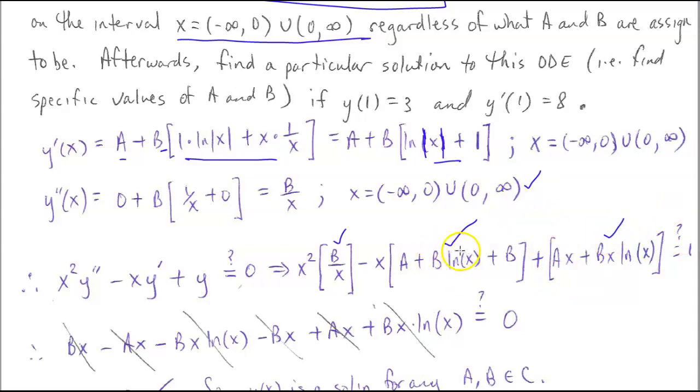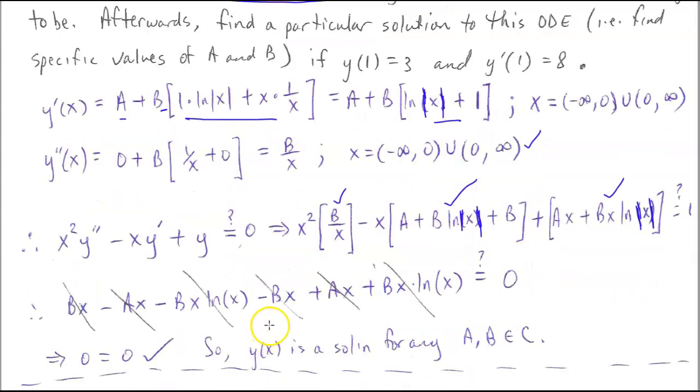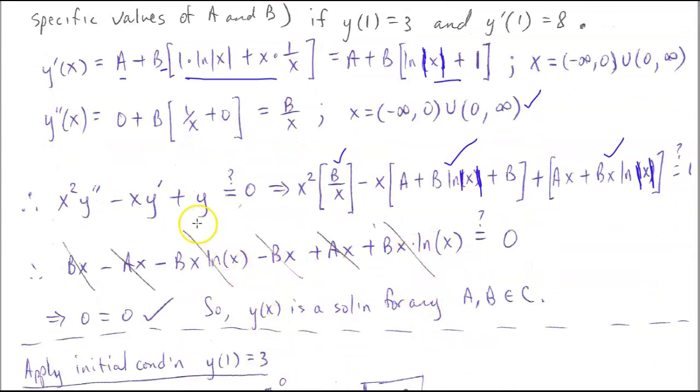And again, this should be natural log of absolute value. And so in doing all this, we combine like terms, and we see that pretty much everything cancels out to 0 on the left side.